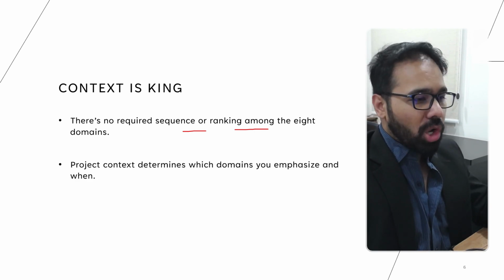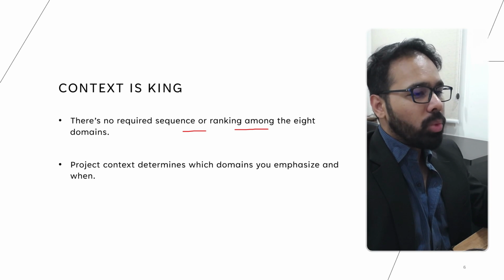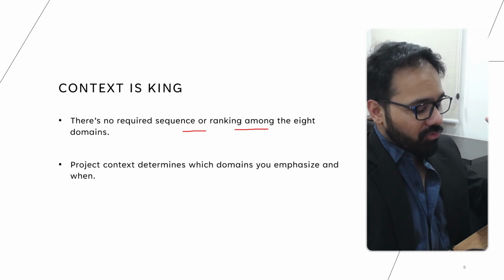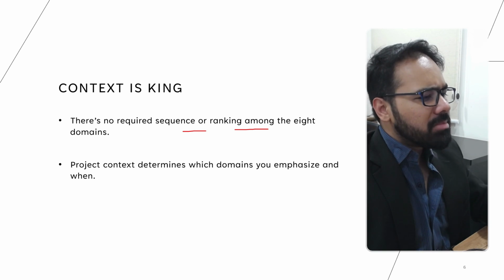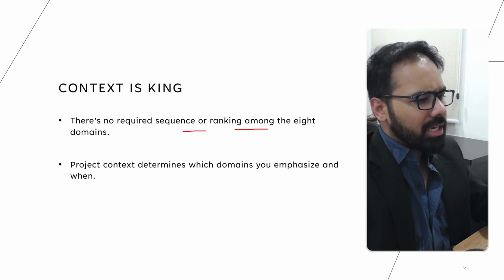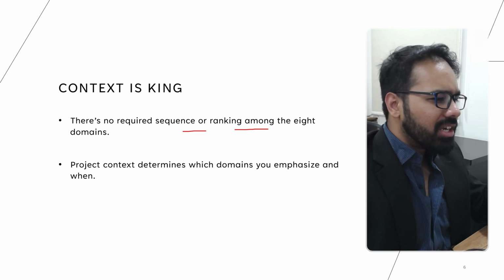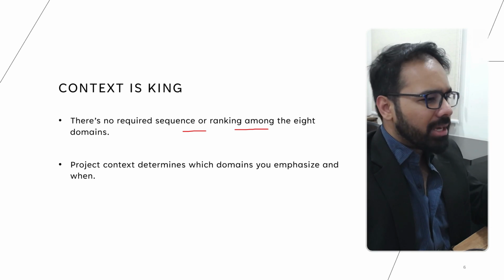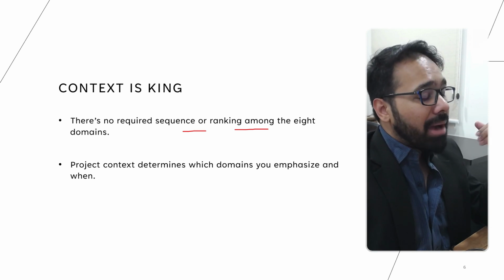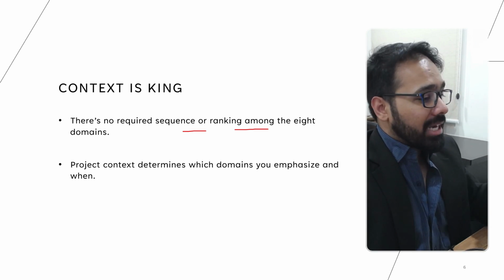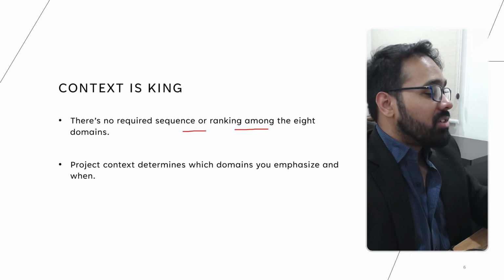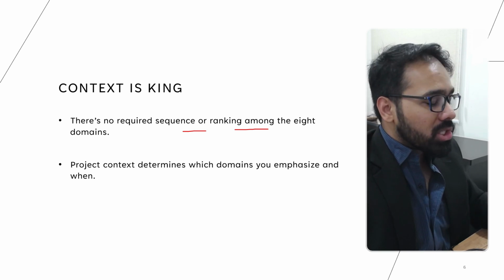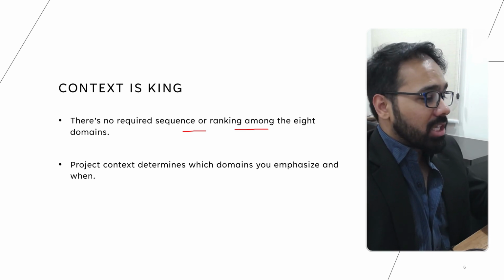So, project context determines which domains you emphasize and when. If you are launching a time sensitive marketing campaign, the delivery domain and the team domain might dominate early on. But if you are pioneering research with unknowns, then uncertainty, your risk management, measurement, your quality, right?